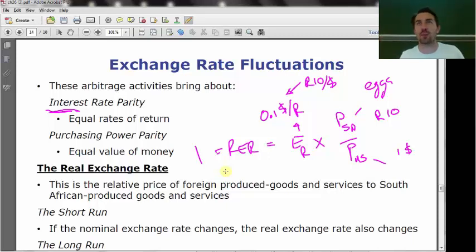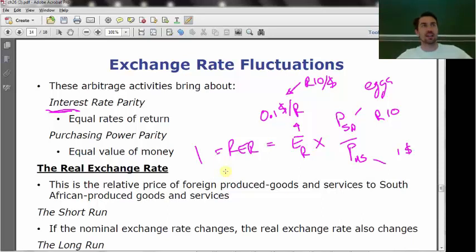It costs the same to buy an egg whether you're in the US or in South Africa. Okay? So if the US economy was only made up of eggs and the South African economy was only made up of eggs and there was no transportation costs and no taxes and no other funny things, then if the price of an egg was 10 rand and the price of an egg in the US was $1, then the exchange rate must be $0.1 per rand, and we'd have a real exchange rate of 1.